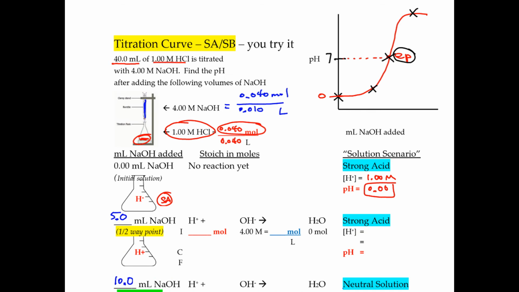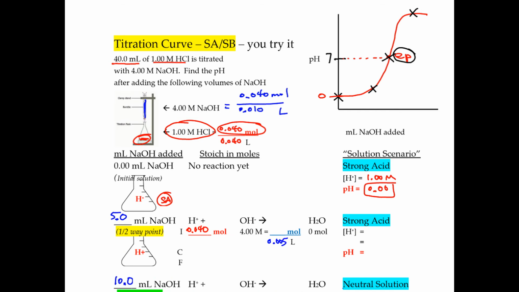Now the halfway point is when we've added 5 milliliters of the NaOH. So I know that I started off, no matter what, with 0.040 of the acid. That's already there. So this is always going to be 0.040 in this whole problem. Then I'm going to solve for the moles of the NaOH. Since I added 5 milliliters, I'm going to write 0.005 liters here.